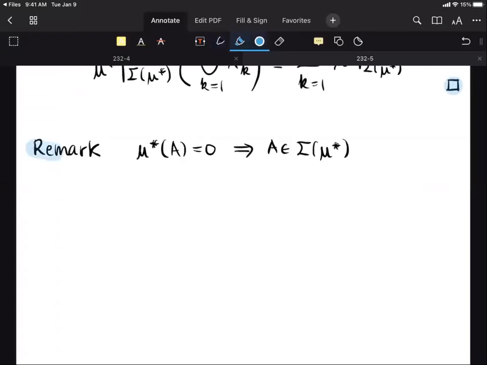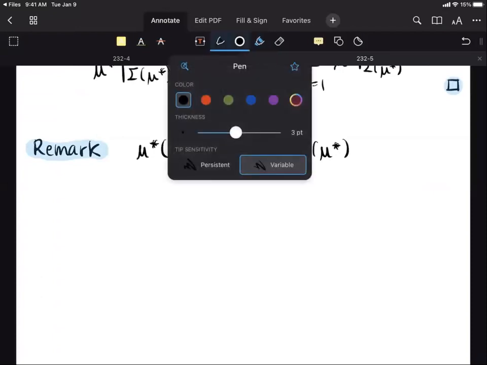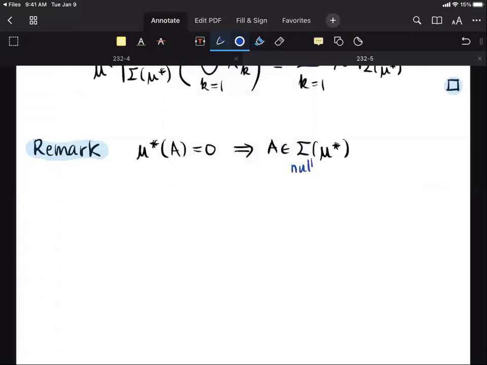Sometimes this set is called a null set. With this terminology, take note that a null set is not necessarily empty. We are just saying that if the outer measure of that set is 0, then we call that a null set. And this remark tells us that all null sets are measurable.